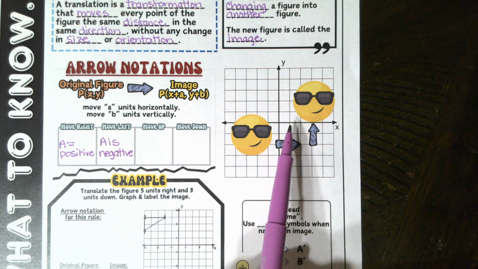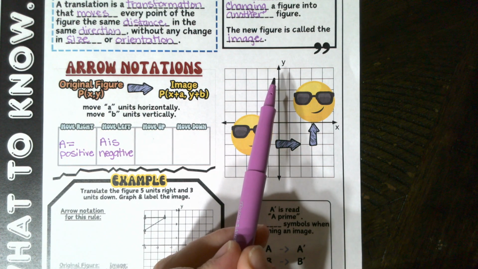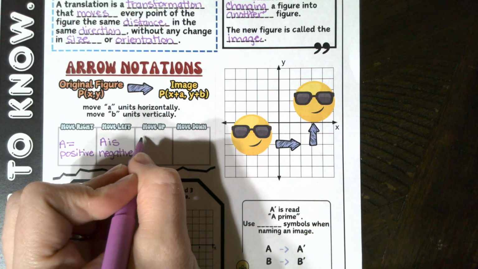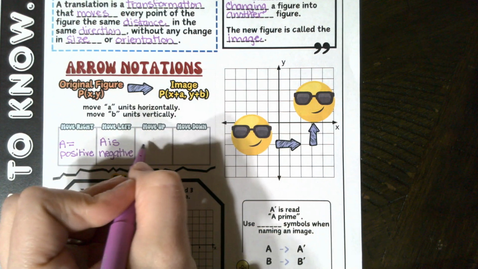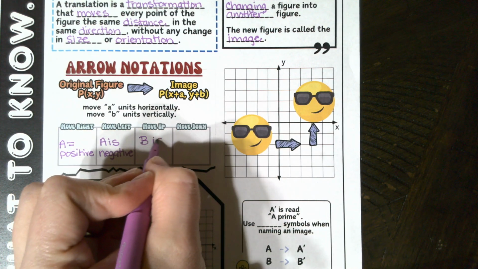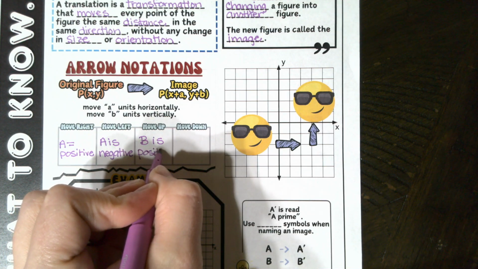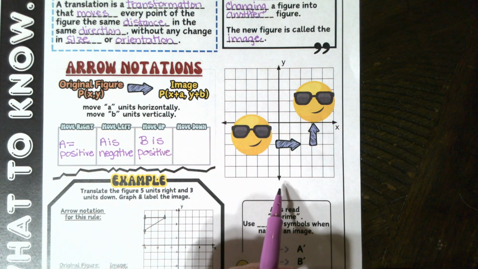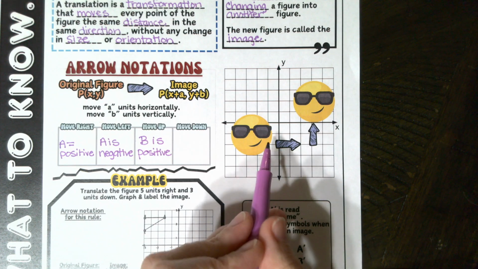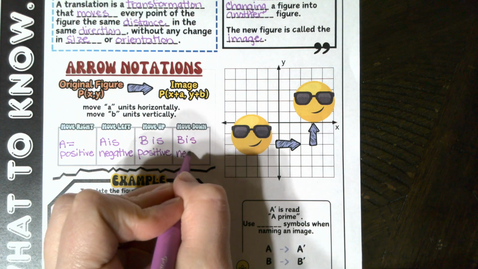When you go up the y-axis, that is going to be positive. Now b, because we're going vertically, has to do with the y, so b is positive. And as you probably guessed, when we go down on the y-axis, that is negative, so b is negative.